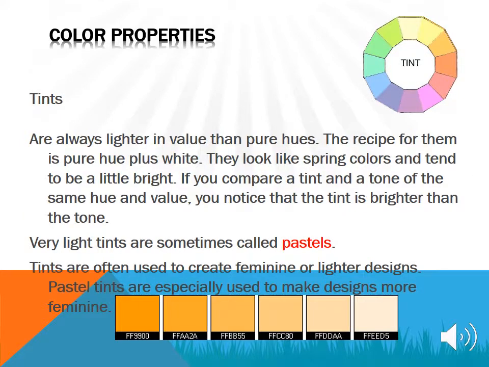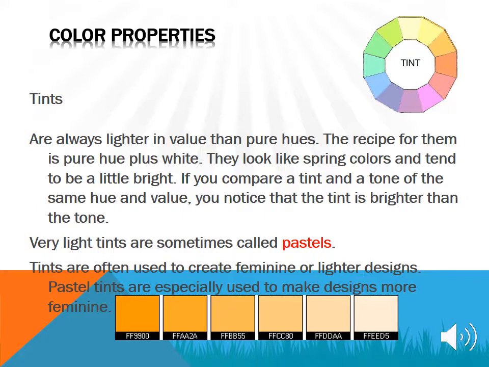Tints. Tints are always lighter in value than pure hues. The recipe for them is pure hue plus white. They look like spring colors and tend to be a little bright. If you compare a tint and a tone of the same hue and value, you notice that the tint is brighter than the tone.